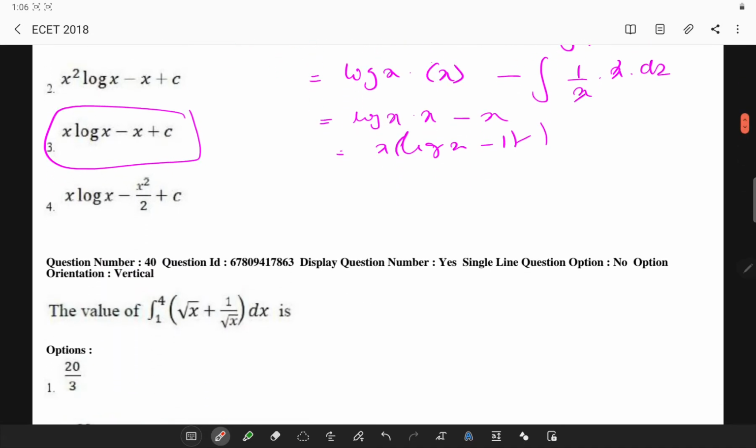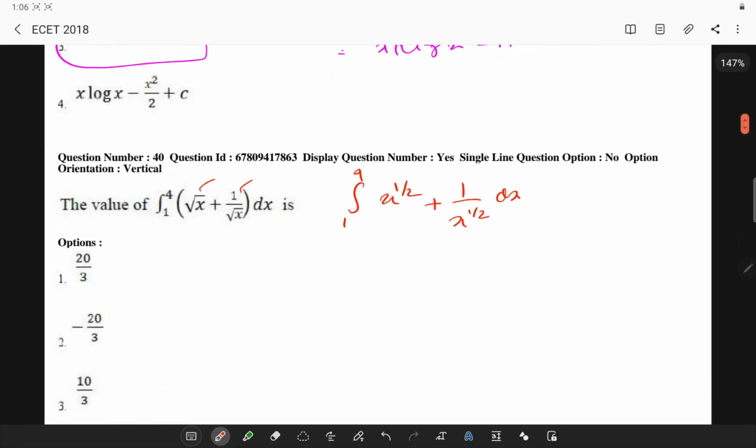Here I have a definite integration: the integral of x power 1 by 2 plus 1 by x power 1 by 2 dx. Let's first do the calculation with this. The integral of x power n is x power n plus 1 divided by n plus 1. So I have the integral of x power 1 by 2 plus x power minus 1 by 2 dx.